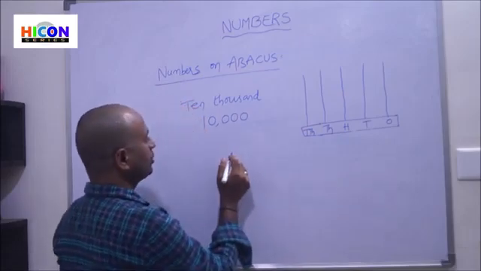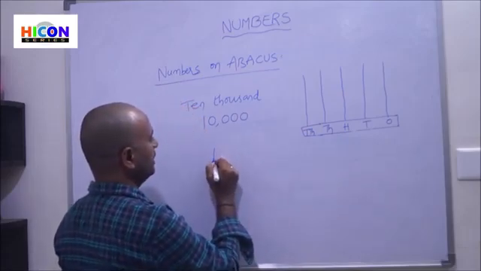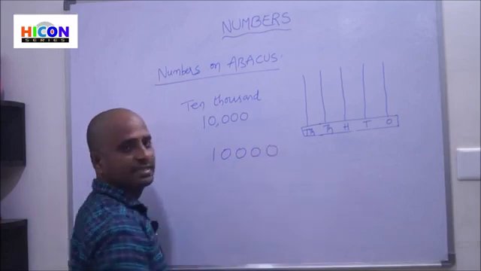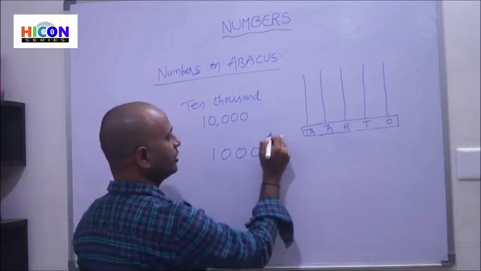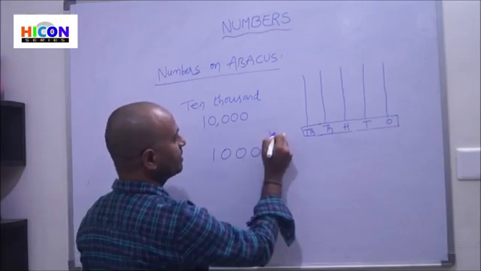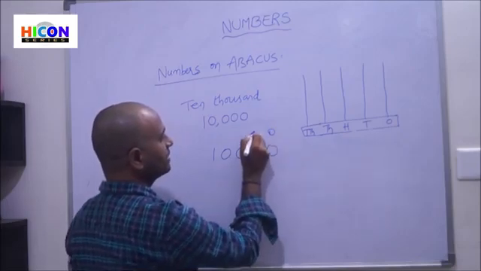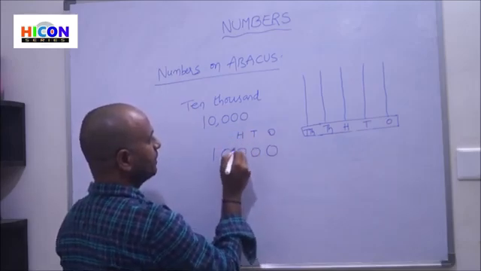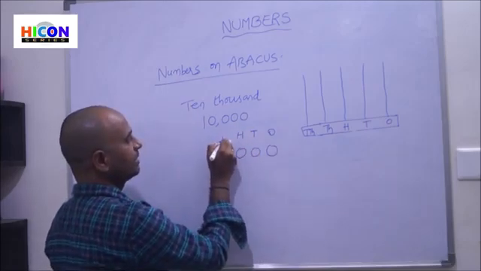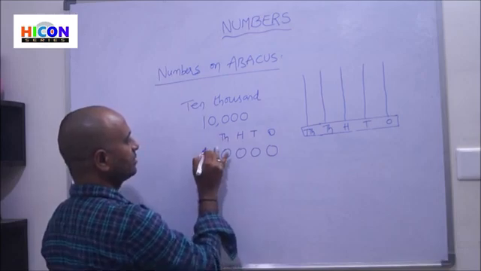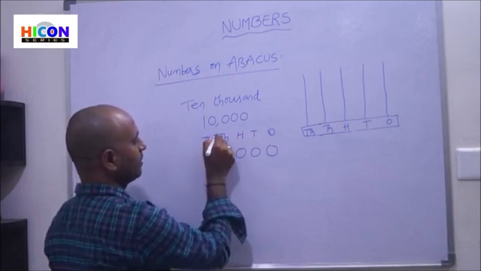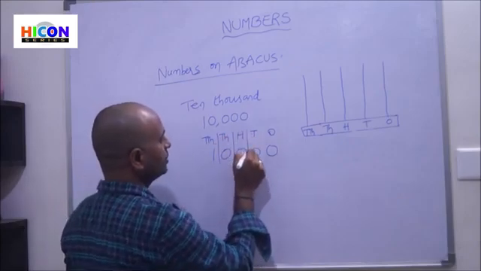In 10,000, this 0 is in ones place, this 0 is in tens place, this 0 is in hundreds place, this 0 is in thousands place, and this 1 is in 10,000s place. So this is the place value chart.